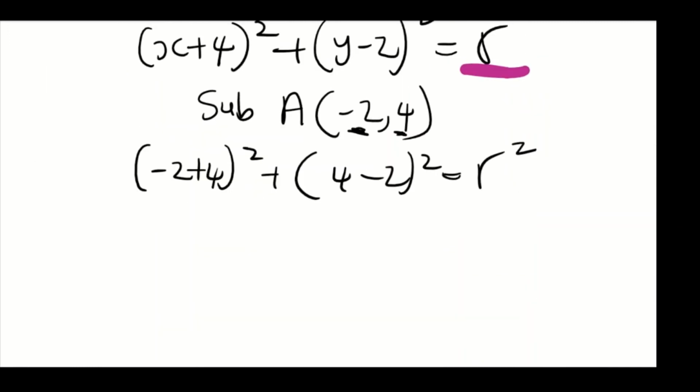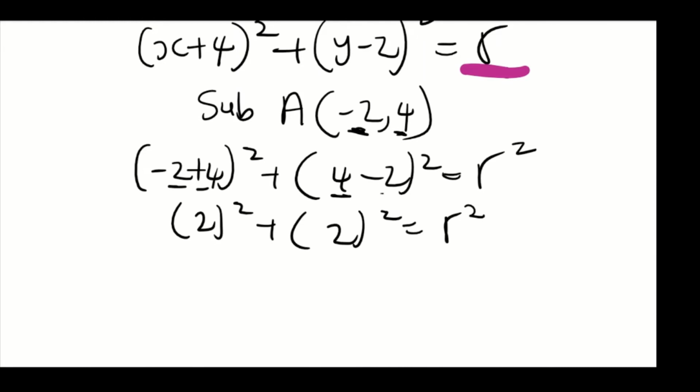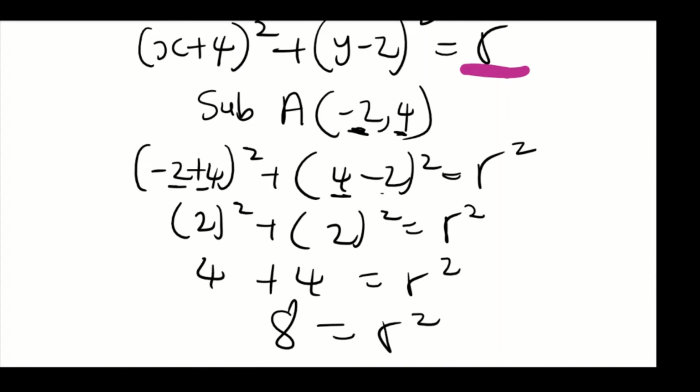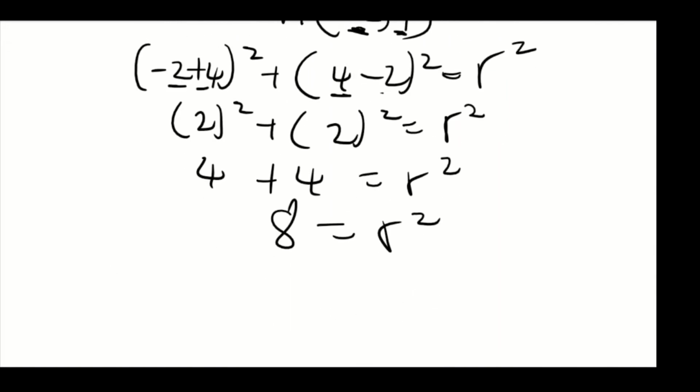So minus 2 plus 4 is going to give you 2 squared, plus 4 minus 2 is going to give you 2 squared, equals r squared. So 2 squared is going to give you 4, plus 4 equals r squared. So 4 plus 4 is 8, so 8 is equal to r squared. So r squared is actually equal to 8.